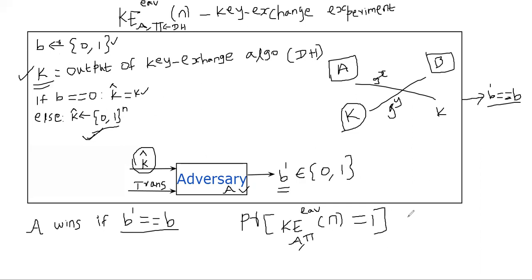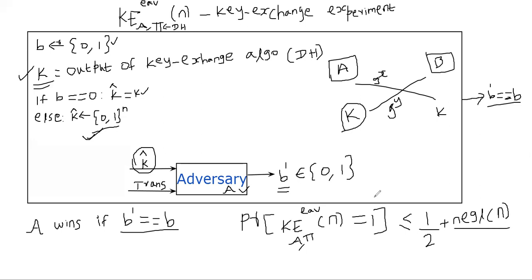So if this probability is bounded by, say, half plus some really tiny value, a negligible function. Negligible of n means that when n is large, negligible of n is very close to 0.